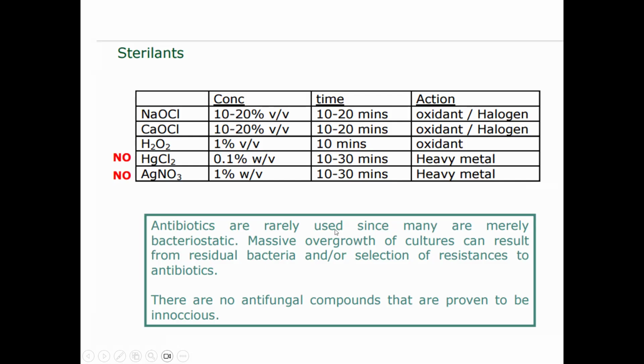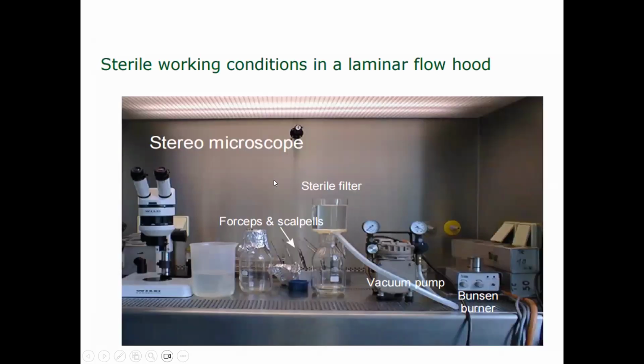Antibiotics are rarely used because antibiotics have selectivity, and some microorganisms have resistance. Since many are merely bacteriostatic, massive outgrowth of cultures can result from residual bacteria, and if some bacteria are resistant, even a few bacteria or fungi can grow. This is why antibiotics are not so powerful, whereas sodium hypochlorite and others are good sterilants.